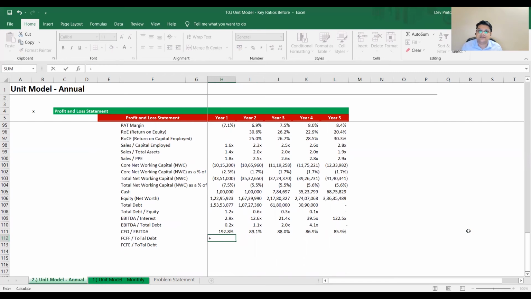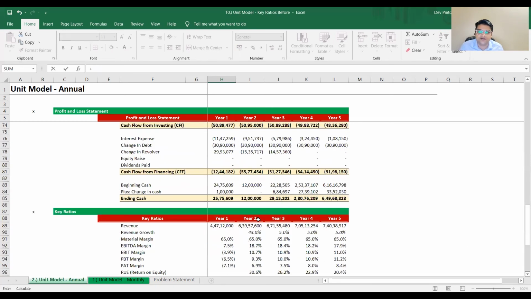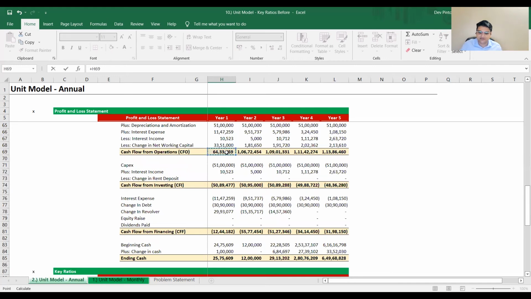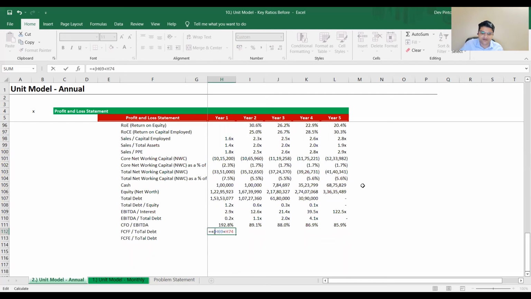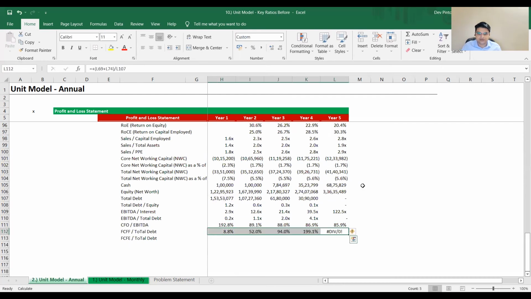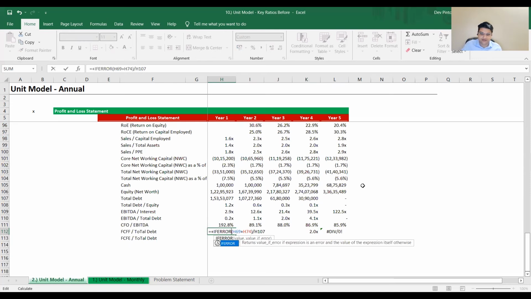It's not exactly the same because there will be this tax shield of interest that we are not considering here, but let's just assume it to be CFO plus CFI for simplicity. So this is 1 plus 2. FCFF divided by total debt, right? IFERROR here again.